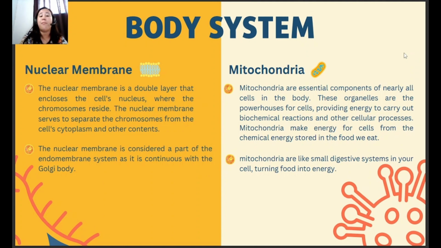So the nuclear membrane is a double layer that encloses the cell's nucleus where the chromosomes reside. The nuclear membrane serves to separate the chromosomes from the cell's cytoplasm and other contents. The nuclear membrane is considered a part of the endomembrane system as it is continuous with the Golgi body.